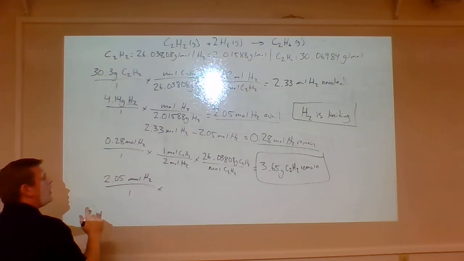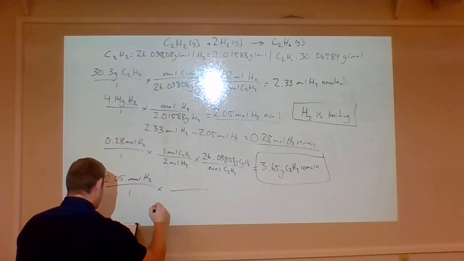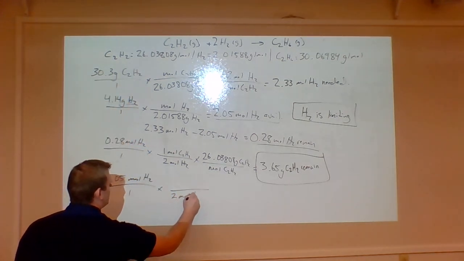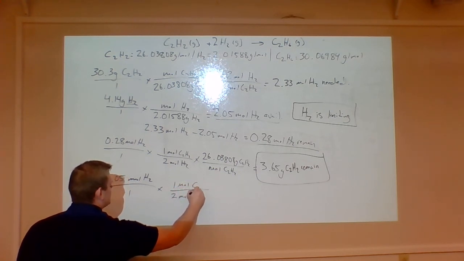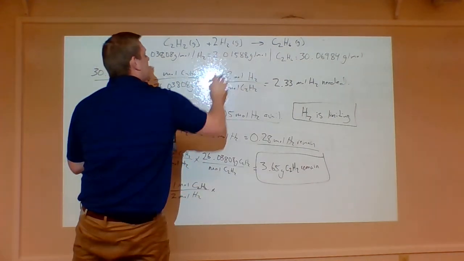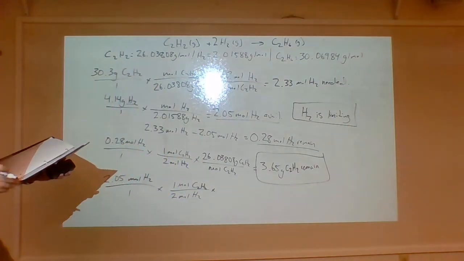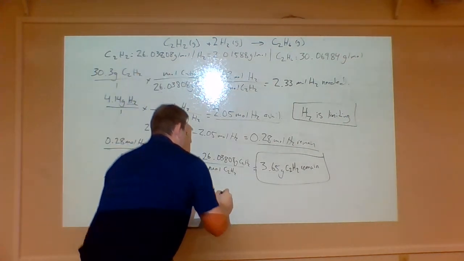We have a 2-to-1 molar ratio between H2 and C2H6. So for every 2 moles of H2, we have 1 mole of our product, C2H6. We can now use our molecular weight for C2H6 to convert into grams of our product.